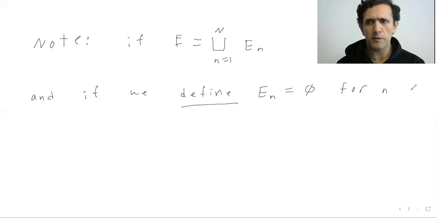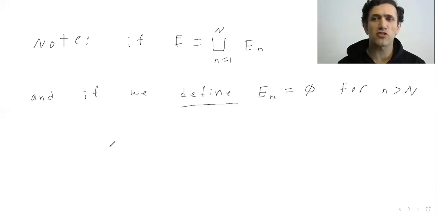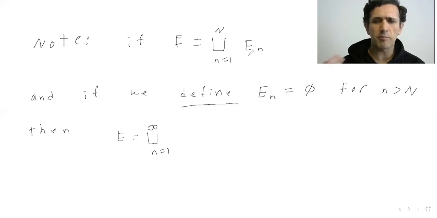So again, just to emphasize, we're not given this, we're defining this. Okay, then certainly E is going to be this countable disjoint union. Basically, it's just all these E_n's plus tacking on the empty set. Well, the empty set's empty, so you're not adding on anything to this finite union.